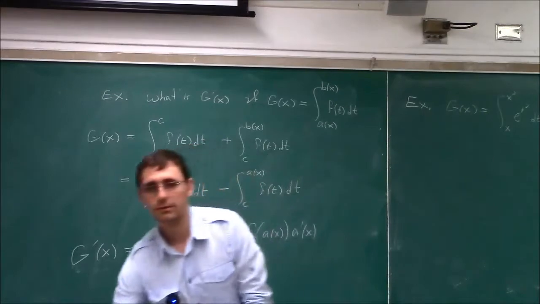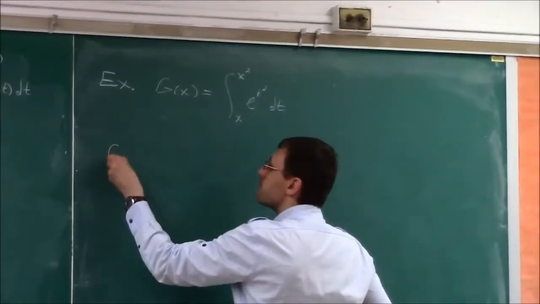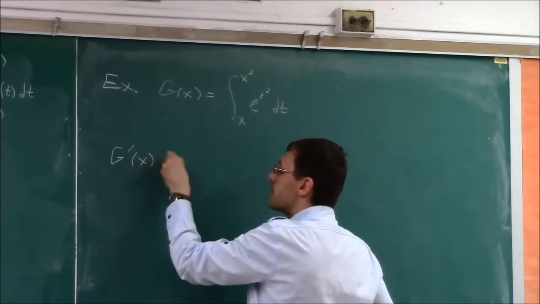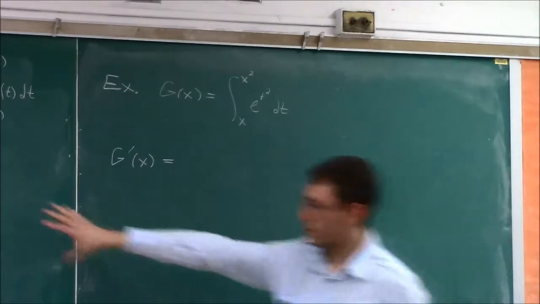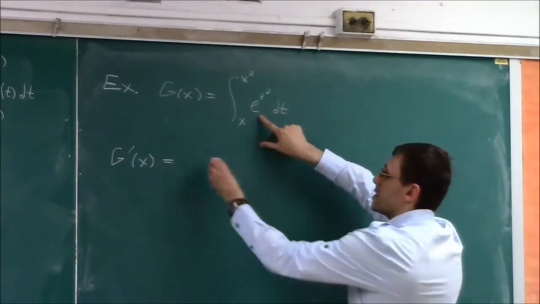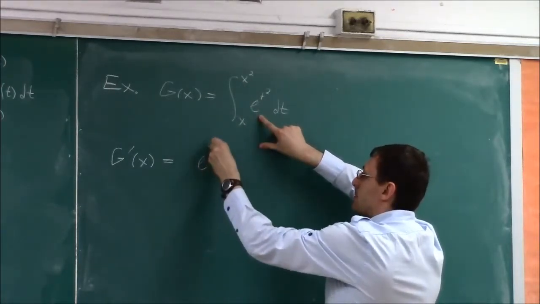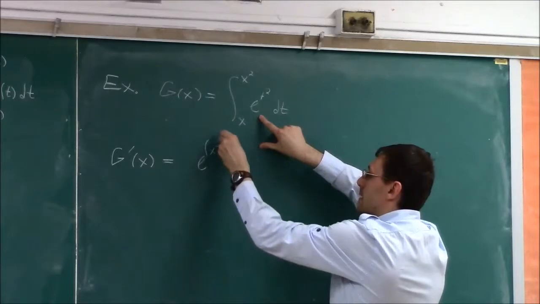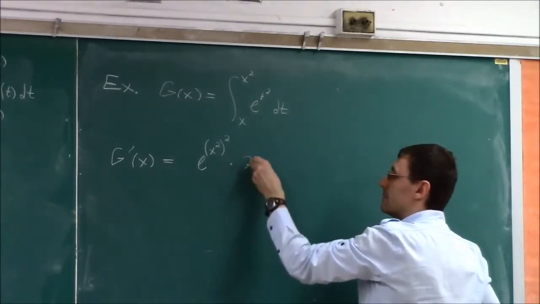What's the derivative? Here is what I do according to what I just verified. Make sure that you can verify this general formula. I take this function e and plug in the top function, so it would be e to the x squared squared, times the derivative of this function, which is 2x.